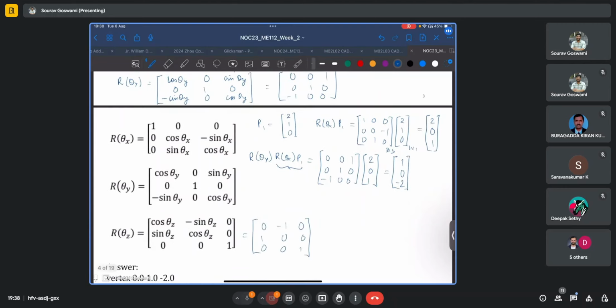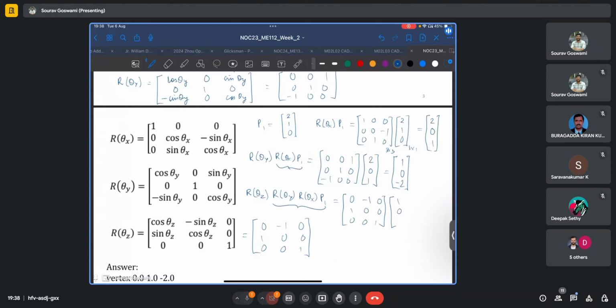For the final step, you have R theta z times R theta y times R theta x times P1, which is but the operation [0, -1, 0; 1, 0, 0; 0, 0, 1] times this, which you obtained in the previous step.